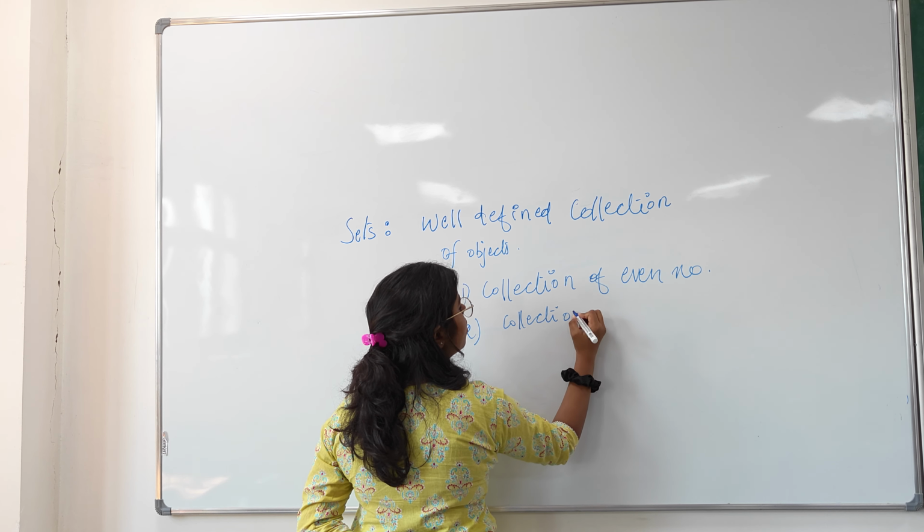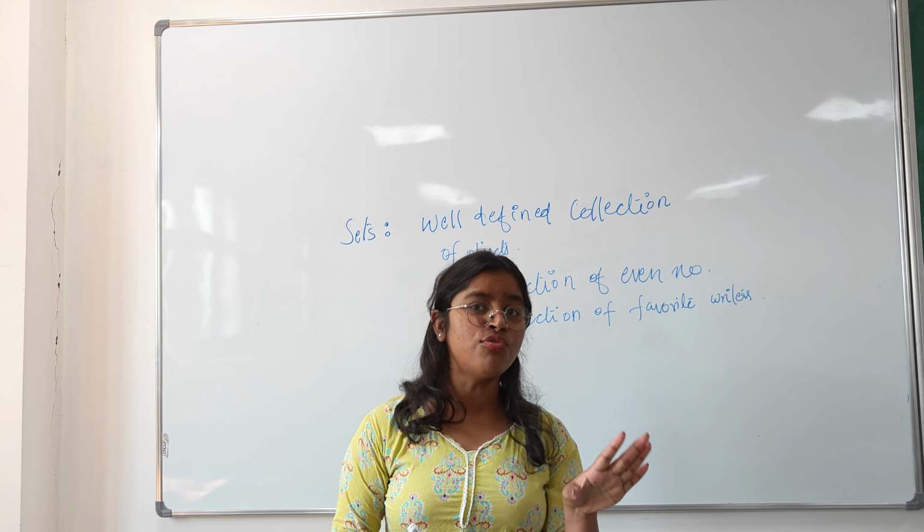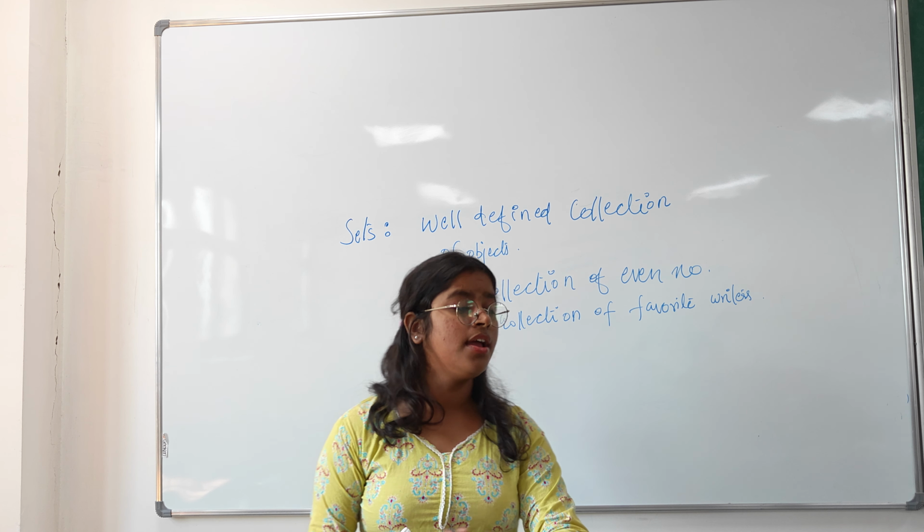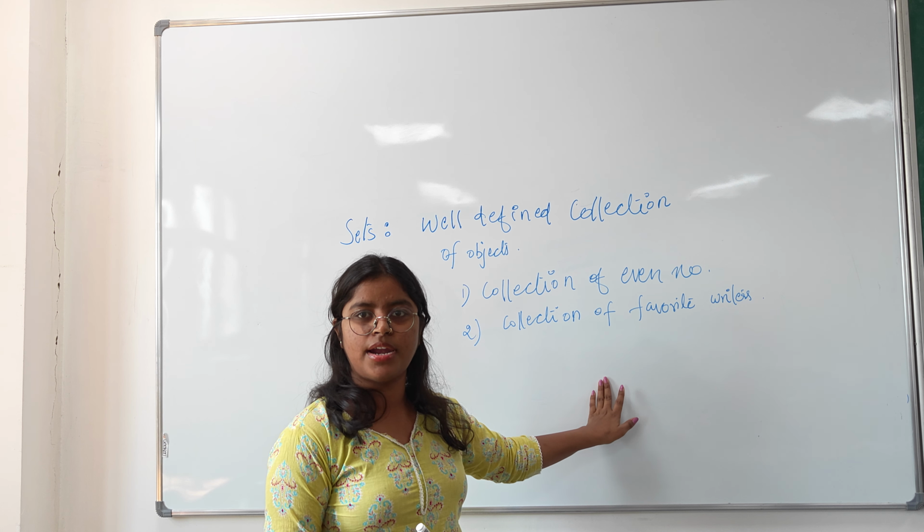In a class of 25 students, if you ask each student to give the collection of even numbers, everyone's answer will be the same. But if you ask every student to give the collection of their favorite writers, it will vary from person to person. So the first is a well-defined collection, while the second is not a well-defined collection.